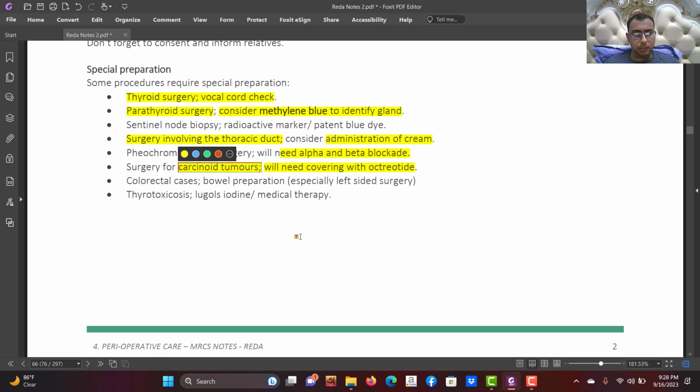Okay, now the colorectal cases: bowel preparation, especially left-sided surgery.